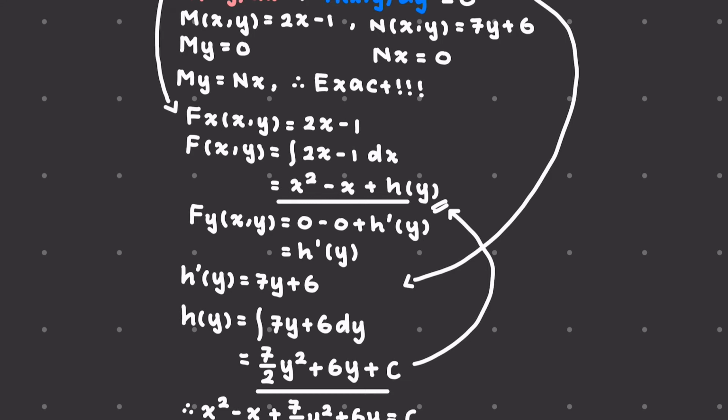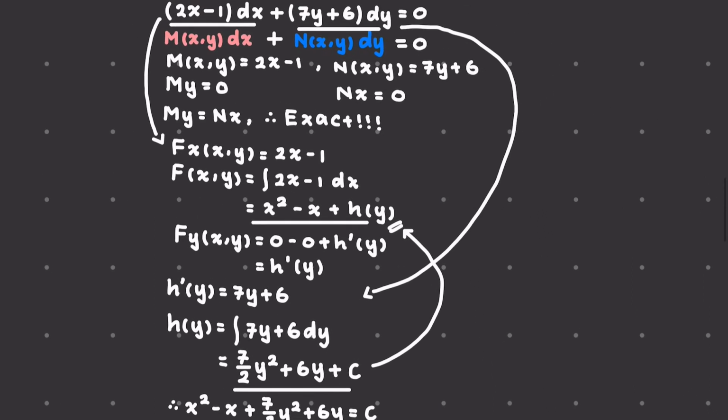It should be a plus c here, but if I subtract c from both sides, the left side should be negative c, but negative or anything times a constant will still be a constant. So this is our final answer for this first example of an exact differential equation.